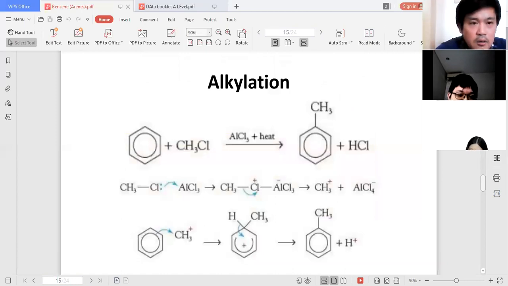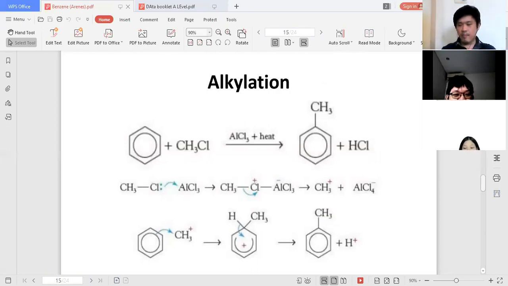So there are many reactions of benzene. So you can start making your mind map. Benzene reacts with HNO3. Benzene reacts with CH3. And then benzene reacts with chlorine.